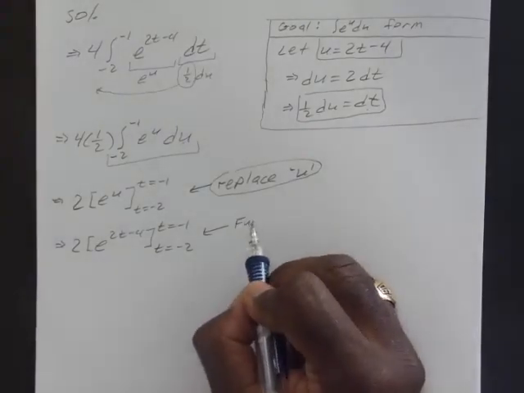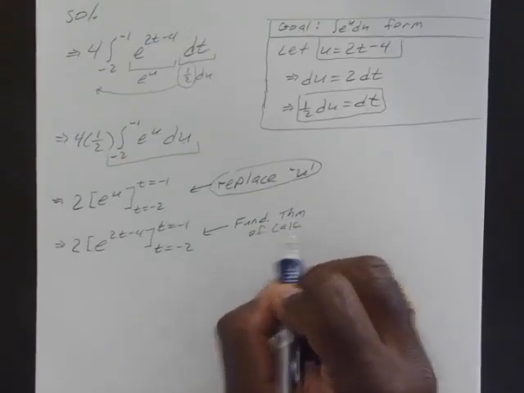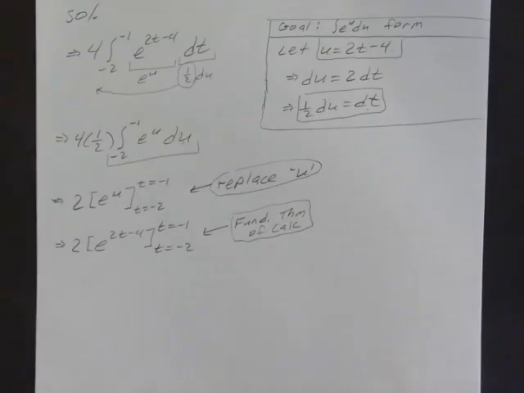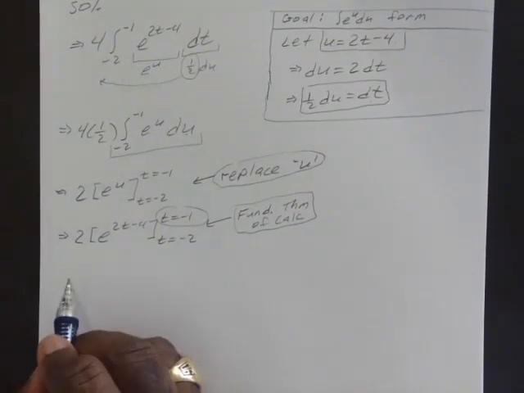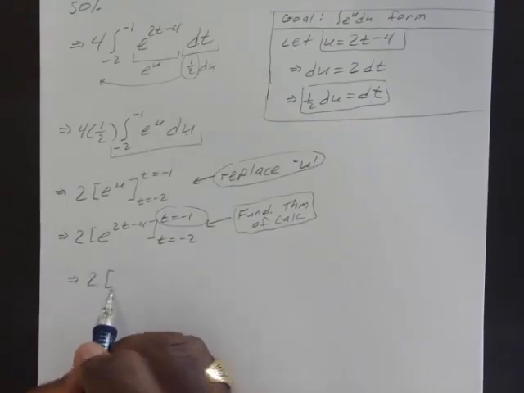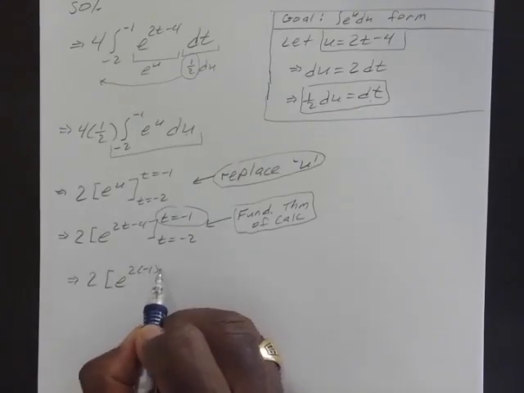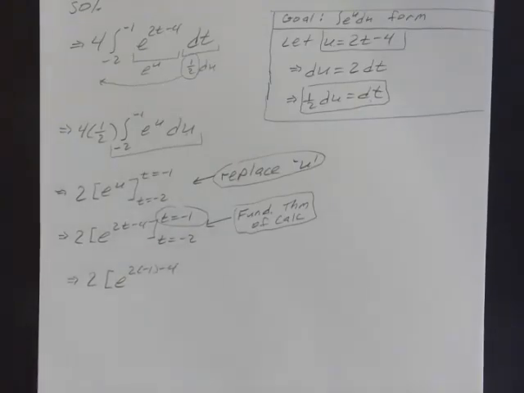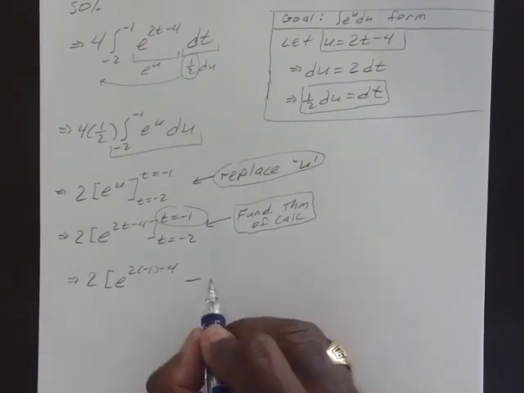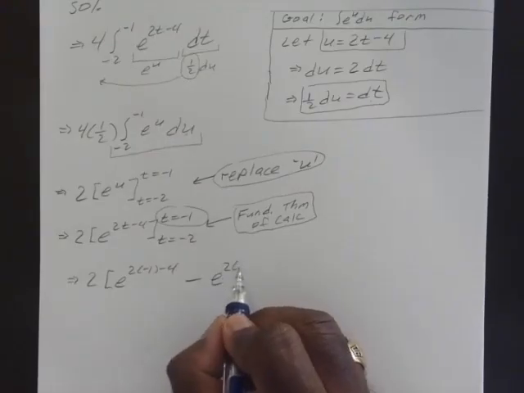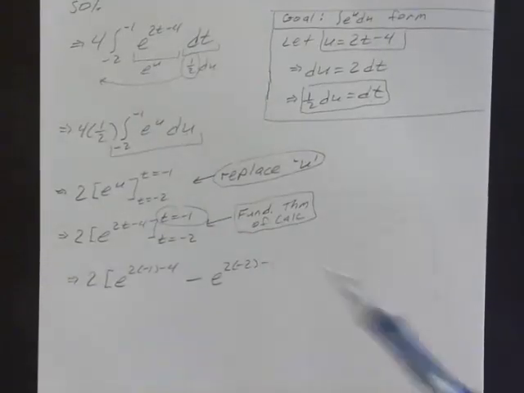And now we can do the fundamental theorem. So we go ahead and plug in our upper bound. That's 2 times e to the power of 2 times -1 minus 4, minus, now we go ahead and plug in our lower bound, e to the power of 2 times -2 minus 4. Let's make that 4 a little bit neater than that.